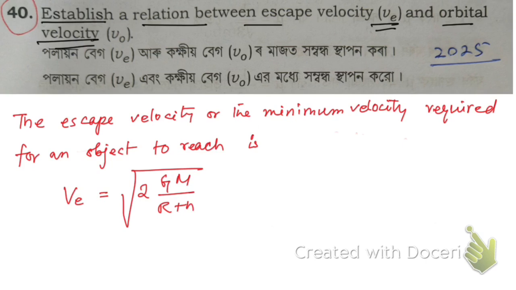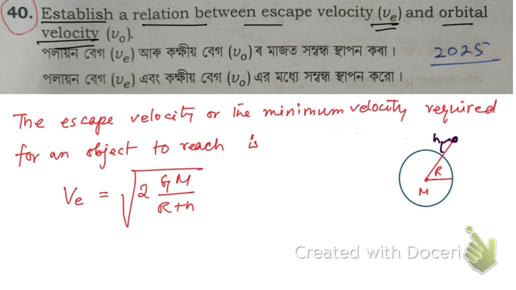Okay, that means here R is the radius of the earth and the mass of the earth is capital M, and the object is at a distance of R plus H. That means H is the height of the object from the surface of the earth.